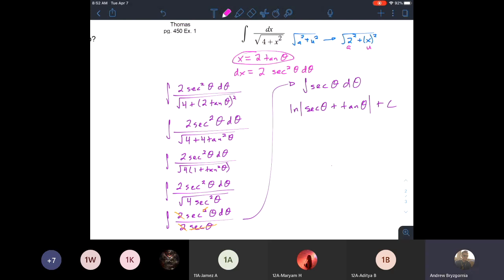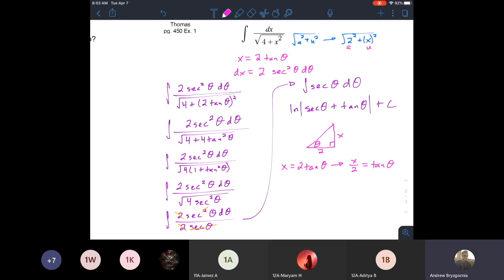We're going to go back to the original substitution that we made, and use that to help us create our triangle. So if we take x equals 2 tangent theta and solve for tangent of theta, that's going to be x over 2. So I know then that I've got my opposite and my adjacent sides.